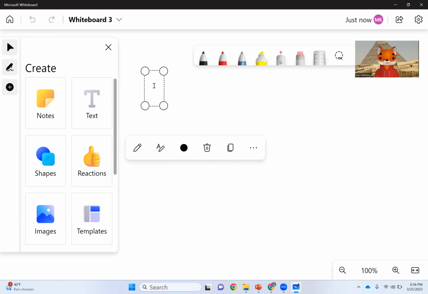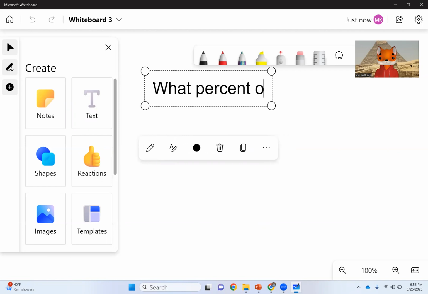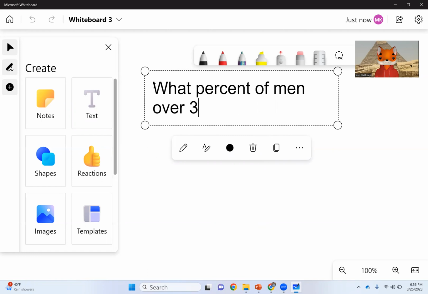Okay, so suppose we want to know what percent of men over 35 are bald.